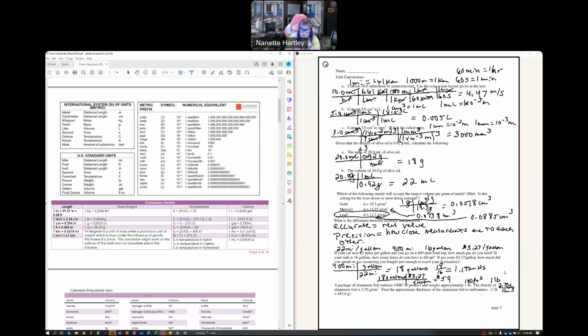So I have 100 foot squared, and that's 1 pound. So I'm going to take this 2.70 grams per centimeter cubed, and I'm going to do a conversion. I want to get rid of the grams and get into pounds. So I'm going to divide by the 453.6 grams in 1 pound.